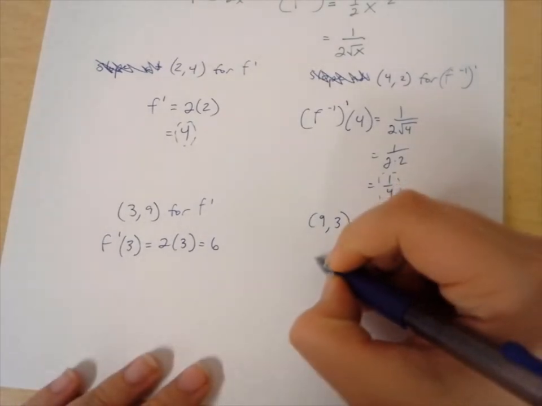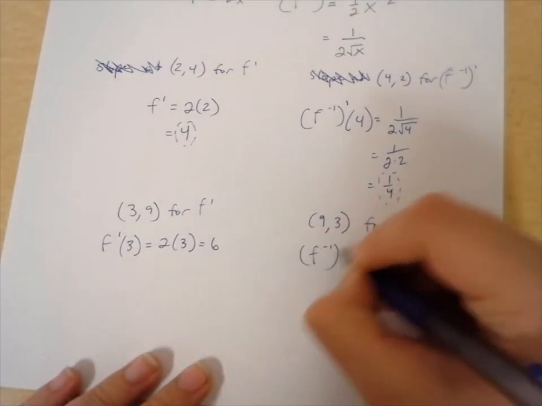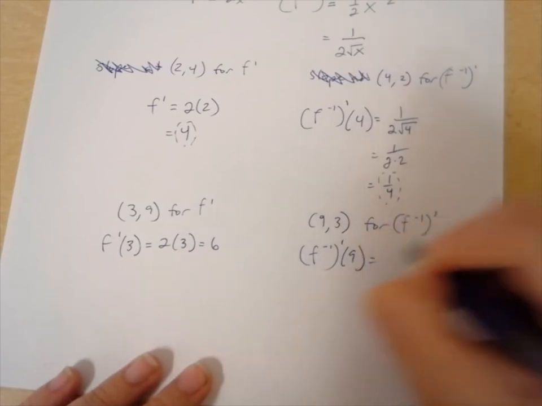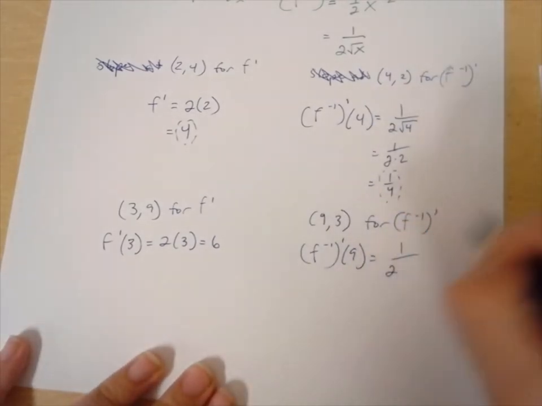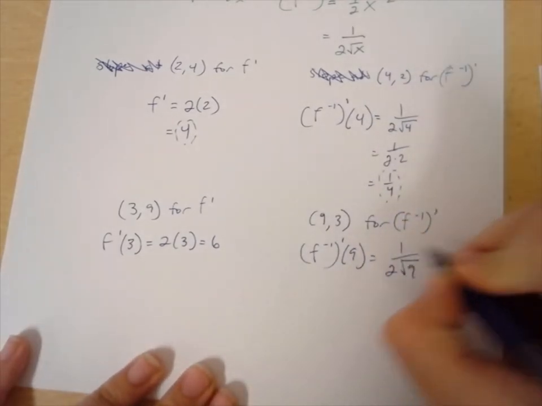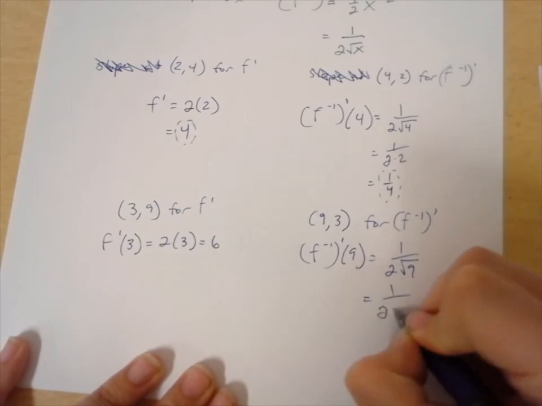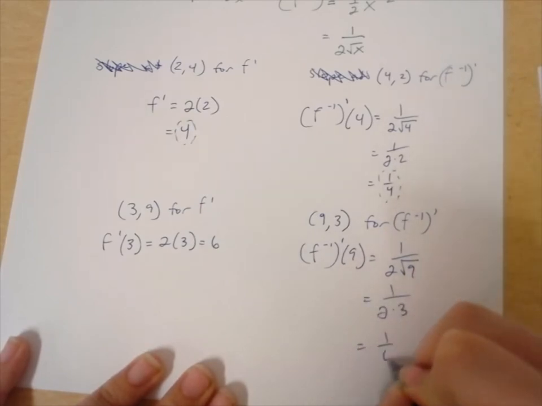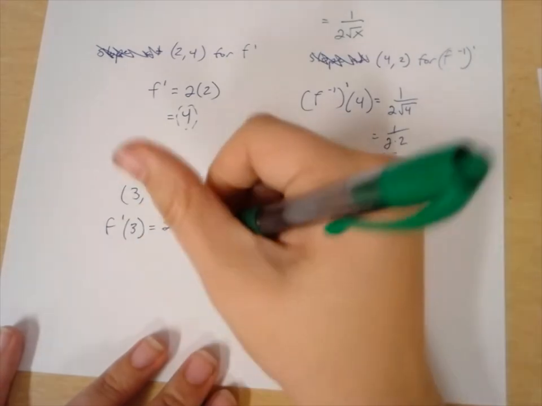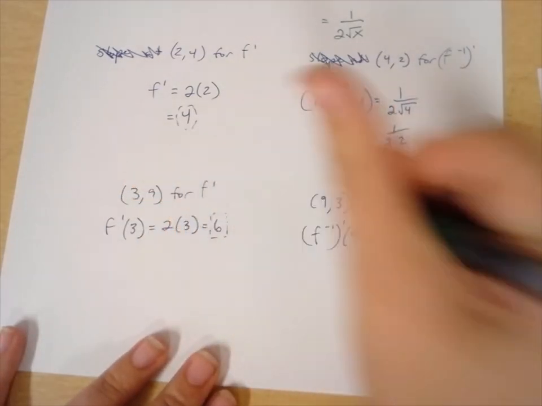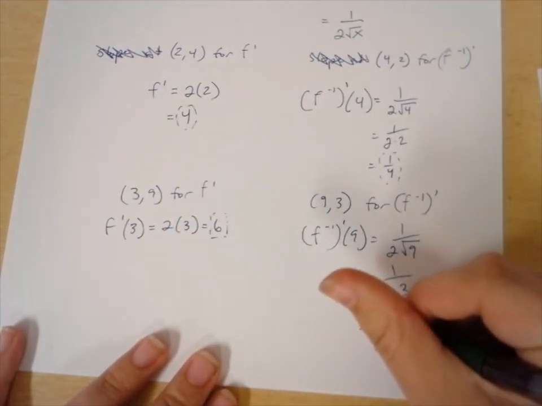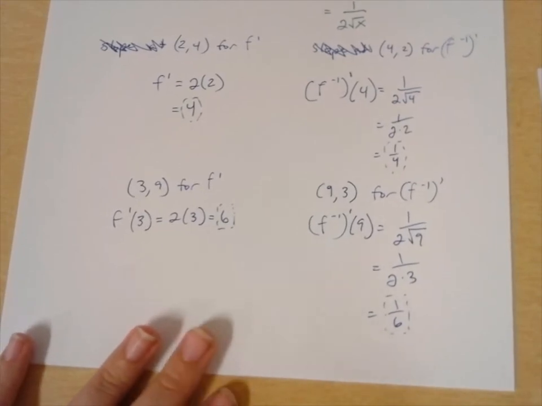Let's make sure that we do. f to the negative 1 prime of 9 is 1 over 2 times the square root of 9, 1 over 2 times 3, 1 over 6. And once again, we can see that 6 and 1 over 6 are in fact reciprocals of each other, and we are good to go there.